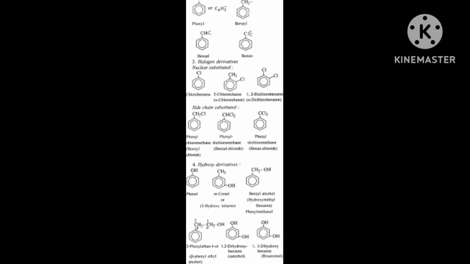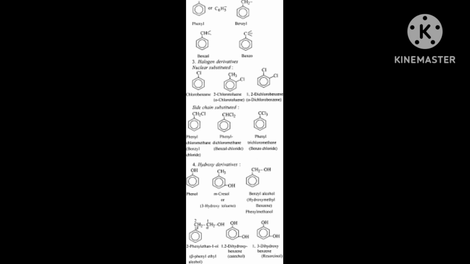I will give examples, then it will be clear. A benzene ring is there and 2 bromines are attached. Then what will be its name?